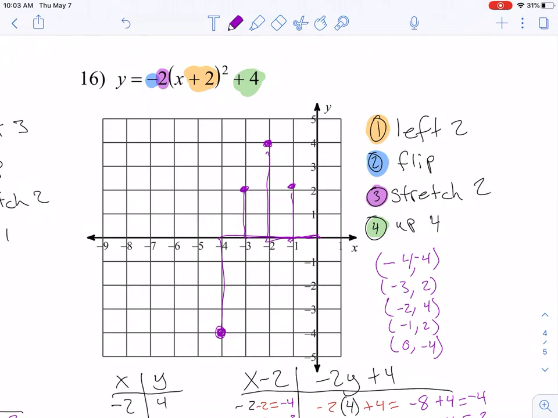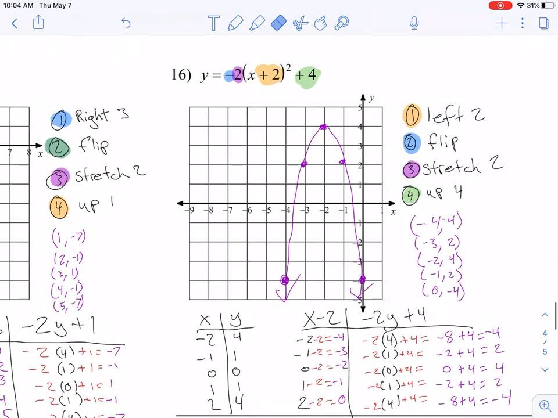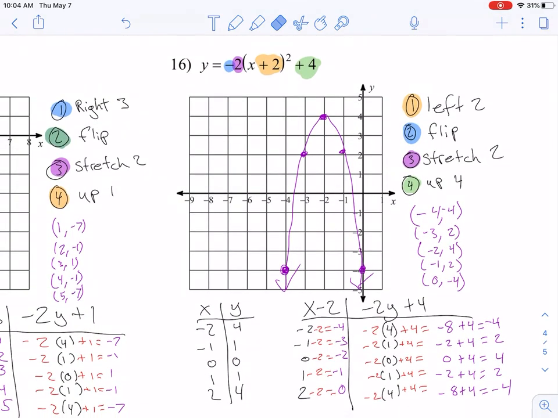And 0, negative 4. It is facing down. Our vertex moved left 2 and up 4. It's facing down and it's stretched out. Okay, and that's it for graphing the transformation of a parent graph in order to graph a parabola from vertex form.